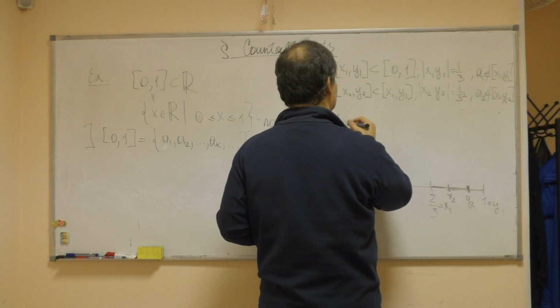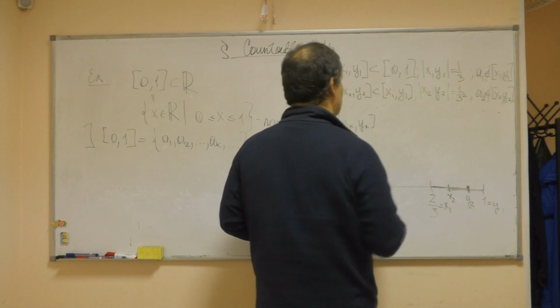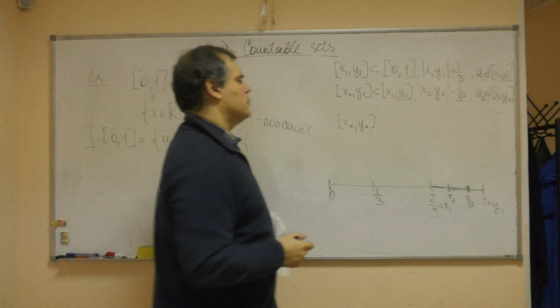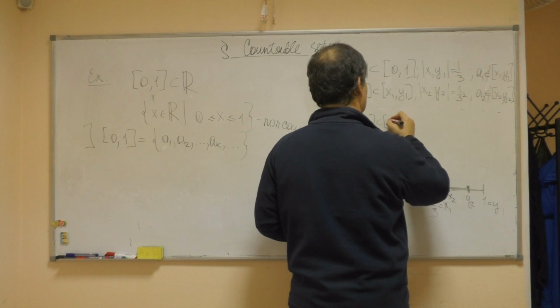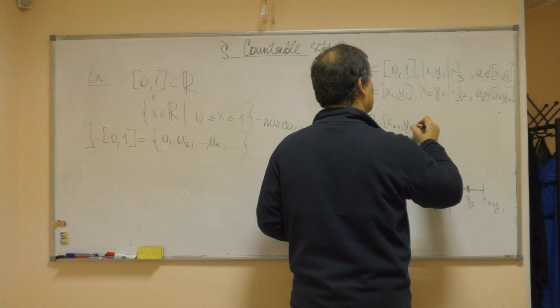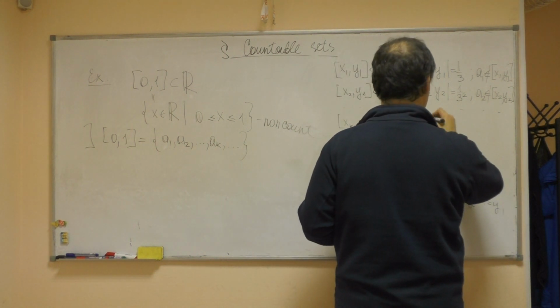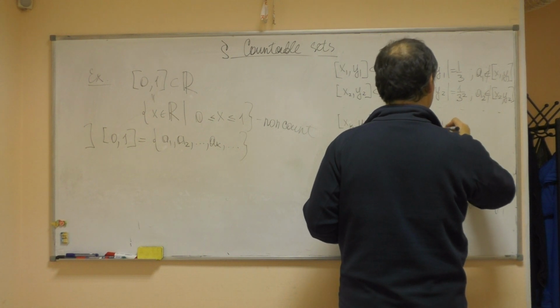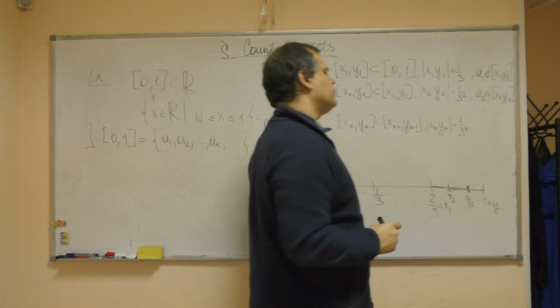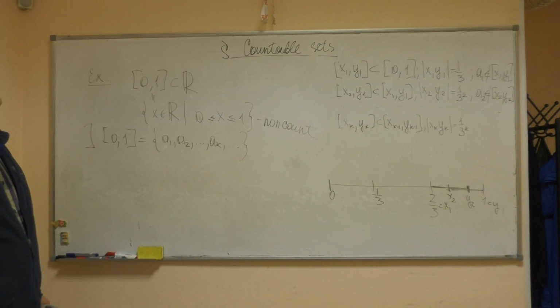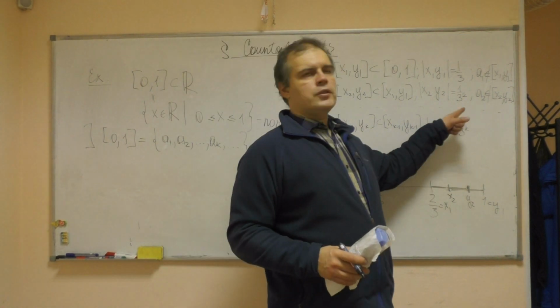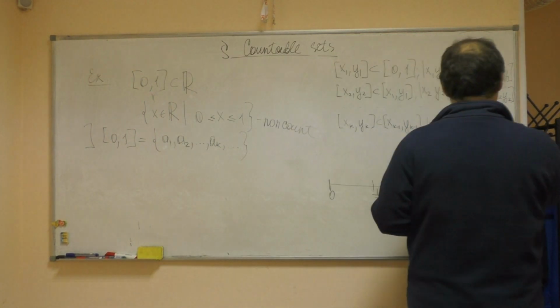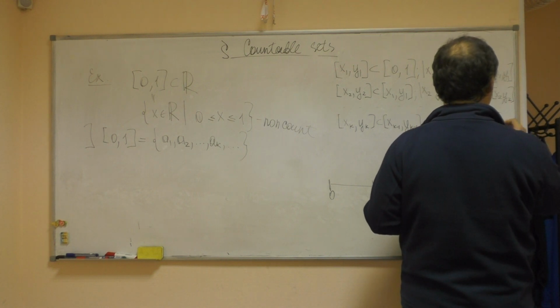After several steps, we will build a segment xk, yk, such that the length of this segment is 1 divided by 3 to the power k, and ak doesn't belong to this segment.